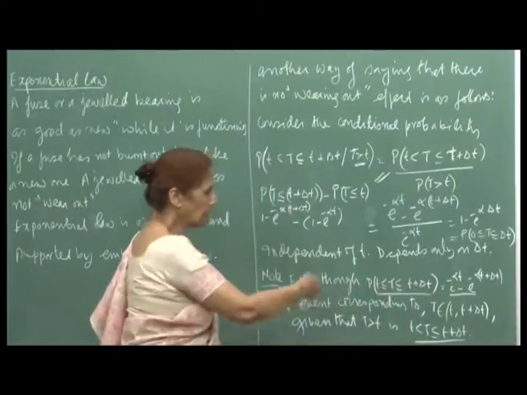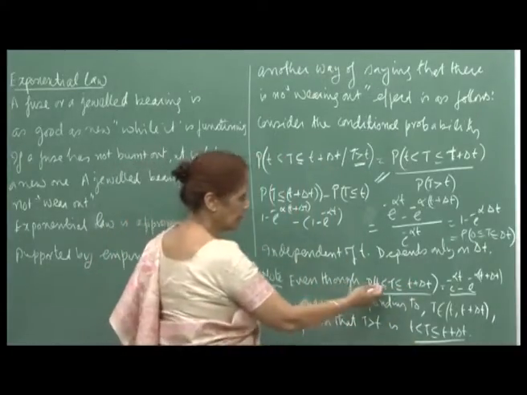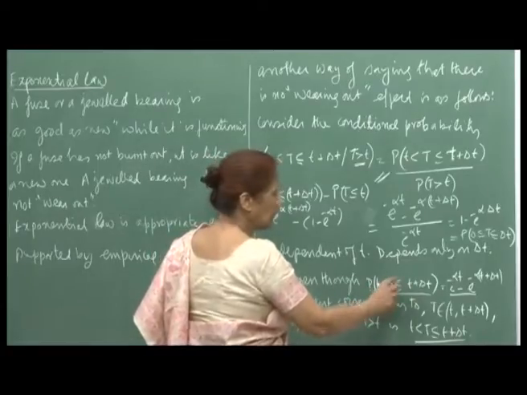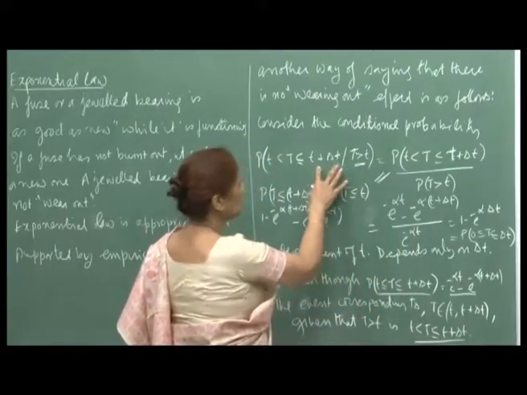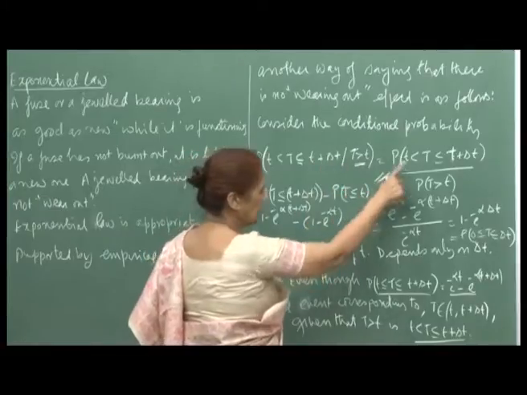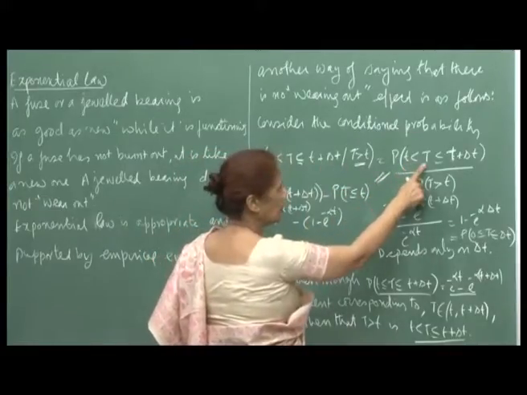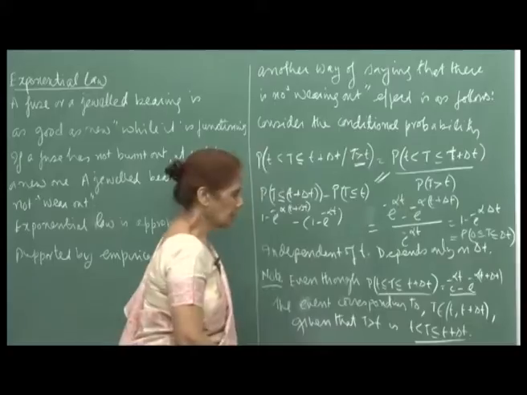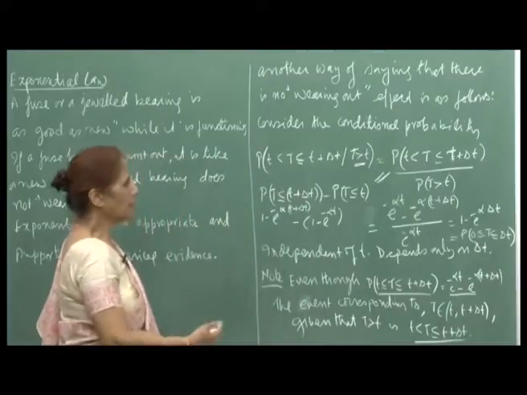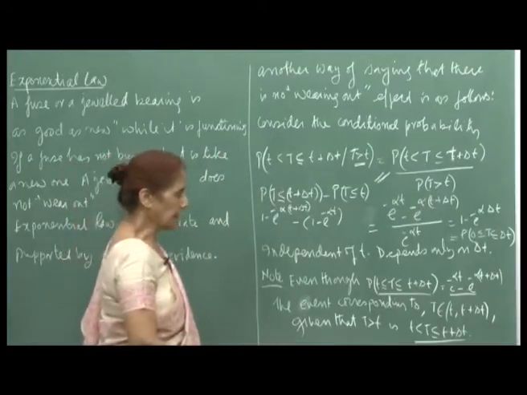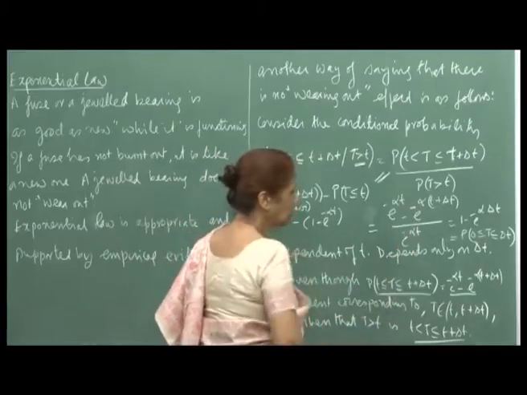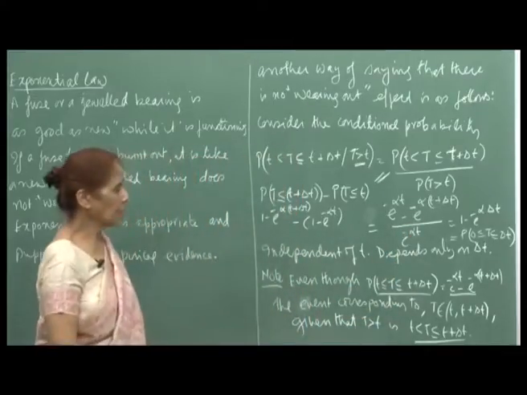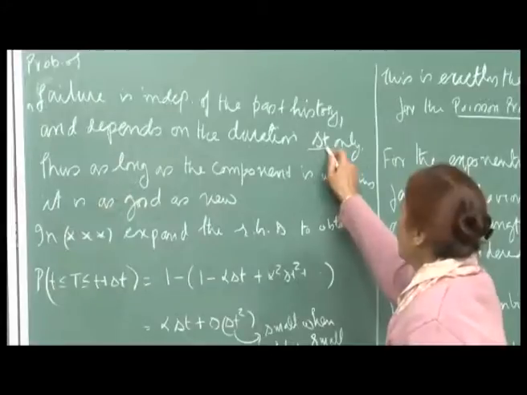Sometimes inadvertently I may have written it like this, but when you are looking at this conditional probability, then it has to be t strictly less than capital T, and here it is less than or equal to t plus delta t. So, that would be the right way to write the event, even though, because of the continuous case, the two probabilities may come out to be the same. This is the important part.